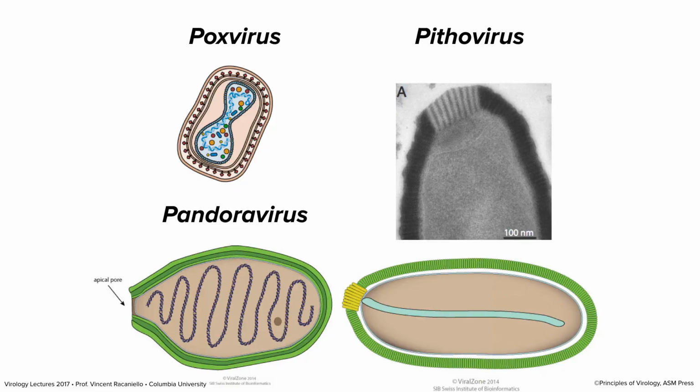That brings us to these big viruses that are built using principles we haven't discovered yet. We call them complex because we don't understand them. And they include pox viruses, which have multiple membranes and an interesting core, but no symmetry that we can tell of. Pandora viruses, the big ones, micron in length, which don't seem to have any symmetry. They have an apical pore at one end, which is probably involved in the genome getting in and out.